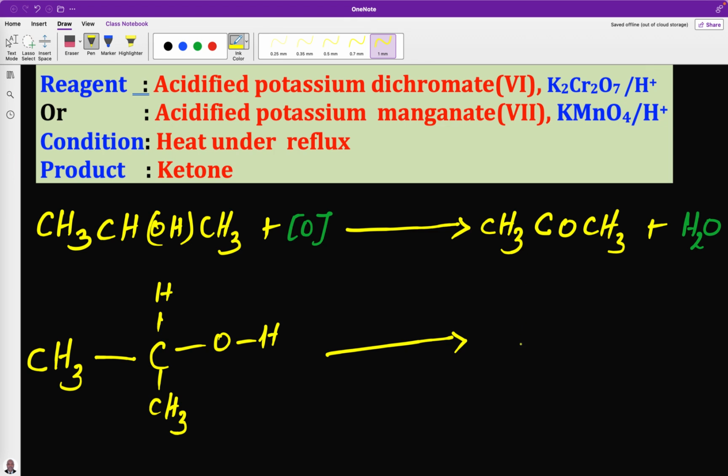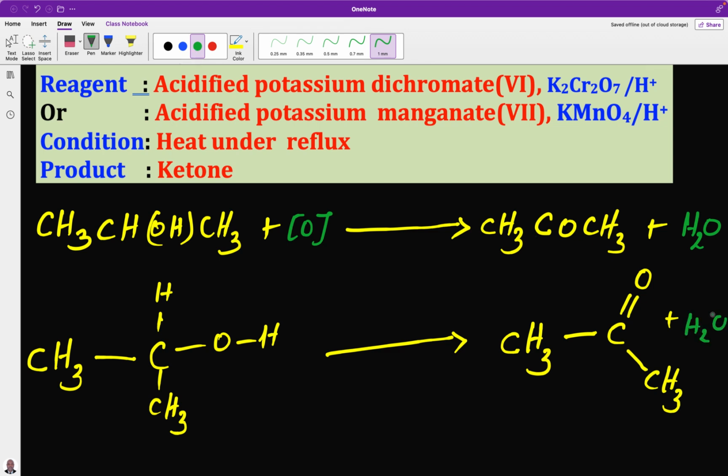We will have a ketone here, CH3, plus a molecule of water that is being eliminated.